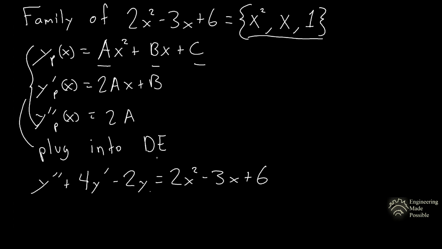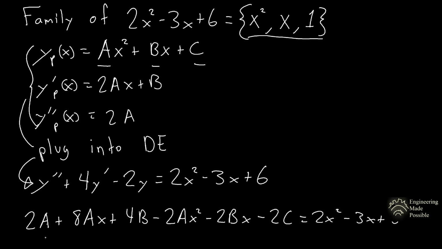So going back to the non-homogeneous differential equation here, since we have the second derivative, first derivative, as well as the function y, we plug it in here and then solve for the variables a, b, and c. After plugging it in, you have 2a plus 8ax plus 4b take away 2ax squared take away 2bx take away 2c is equal to 2x squared take away 3x plus 6. Now this is where you simplify by basically distribution, right?